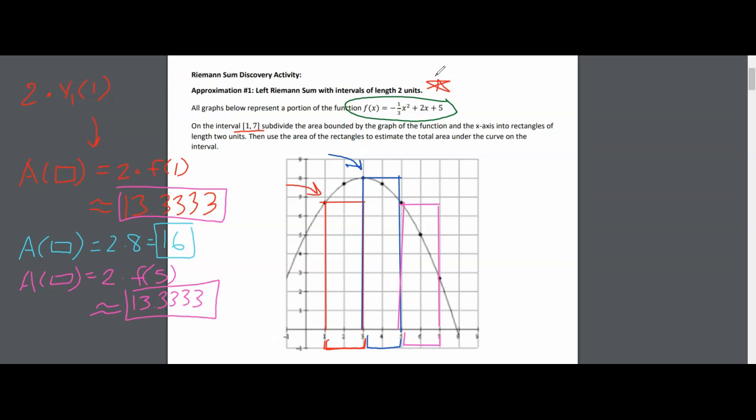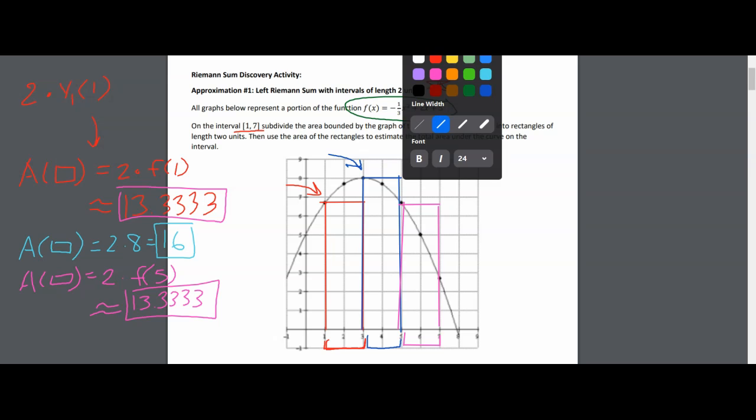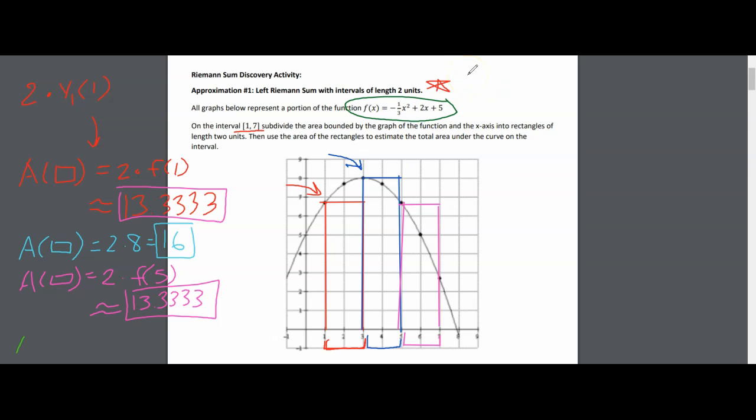So I've got these 3 areas. I need to add all 3 of those together, and I'm going to get the area of the whole is approximately 42.667, or 42.666, depending on whether you rounded or truncated.